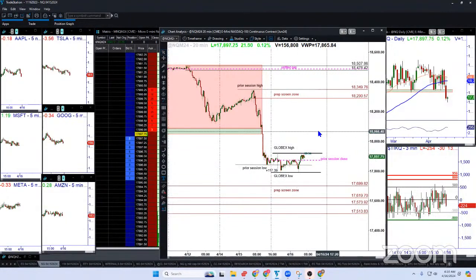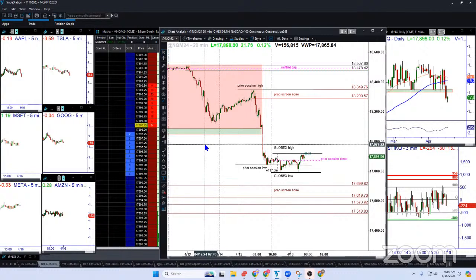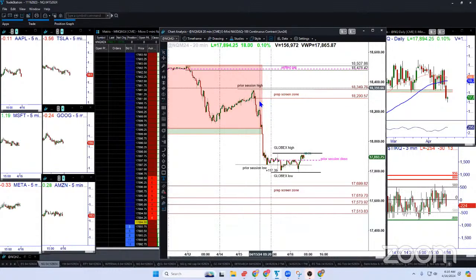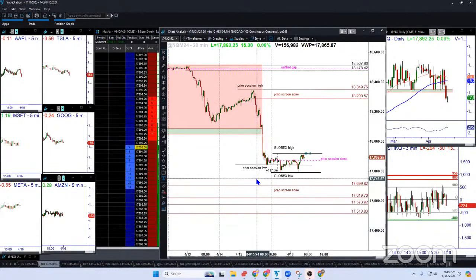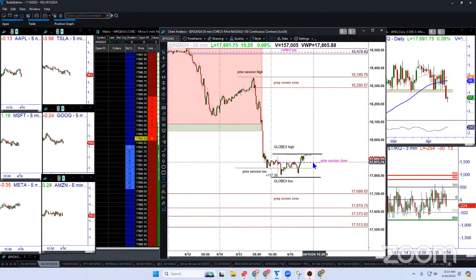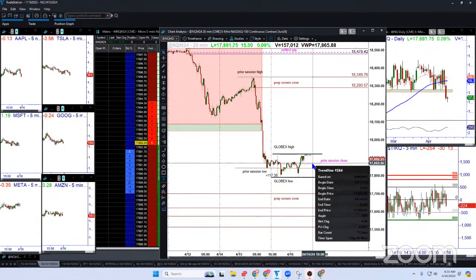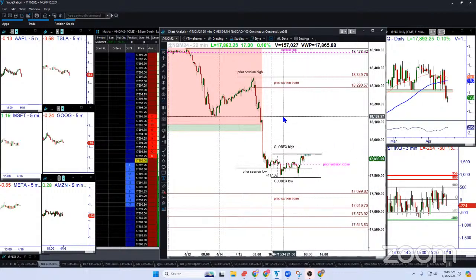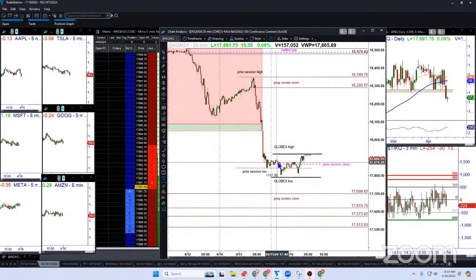So we're more on the narrow side for the NASDAQ. So narrow Globex range, we're looking for bigger trends. Prices gapping up slightly inside the prior session's range. Okay, so we're still expecting that gap fill, and we're pretty close to where that gap fill is at. Okay, there we go. So expecting a pullback at the open on the NASDAQ.